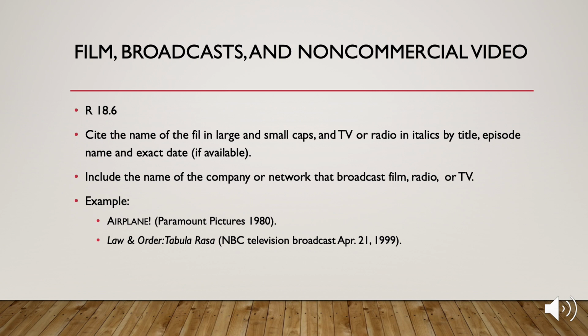See the examples below. First, in Airplane, the movie, we have capital letters, followed by Paramount Pictures 1980 in parentheticals. Next we have Law & Order, a TV show in italics, followed by NBC Television, broadcast April 21st, 1999 in parentheticals.